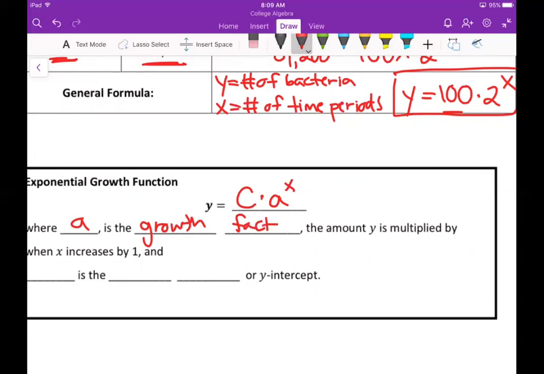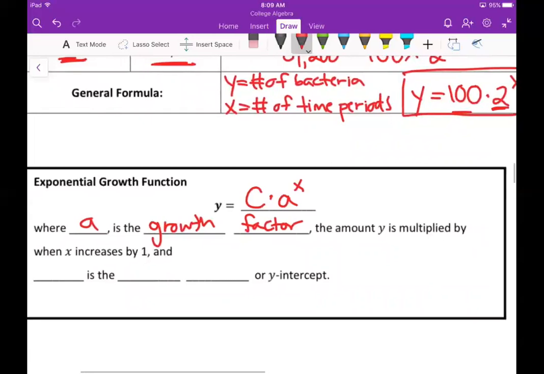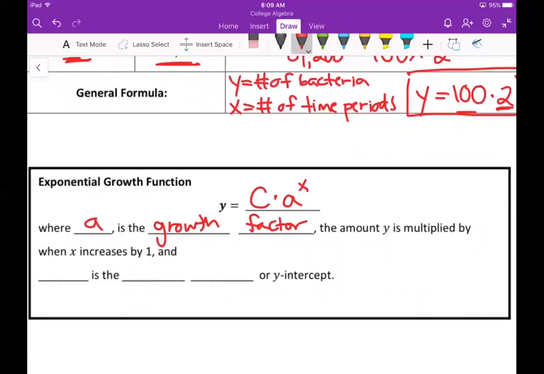So because our data was doubling with every time period, our growth factor was 2 in this equation. And that's the amount that y gets multiplied, that's the amount that 100 got multiplied by with each increase of x. And then C is like the B value in linear equations. It's always that initial value, what we started off with.